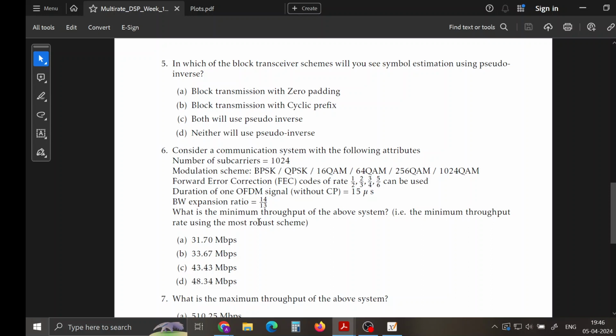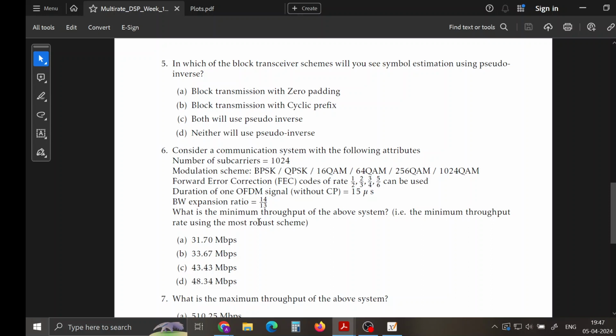So basically you encode k bits of message into an n block by adding some redundancy, the remaining n minus k redundant bits, which are also known as parity bits. So the ratio k by n is called the code rate. Those values are specified: half, 2/3, 3 by 4, 5 by 6, and so on.